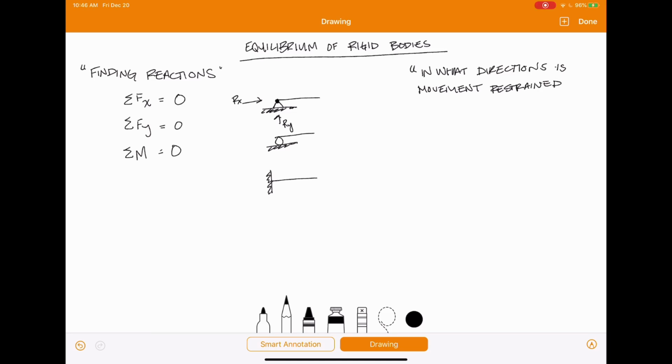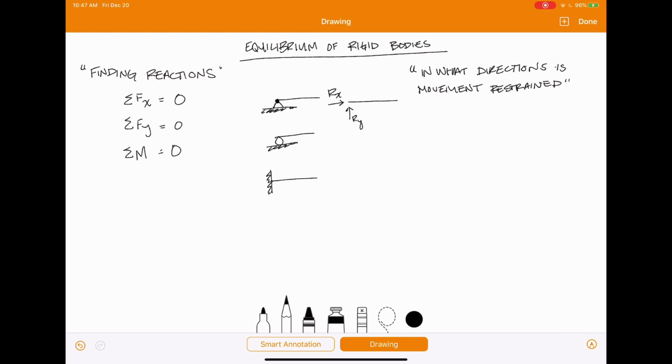In what directions can the beam not move? So for your pin, it can't move in the x and y directions, so we would have, as I said before, a reaction in the y and a reaction in the x.